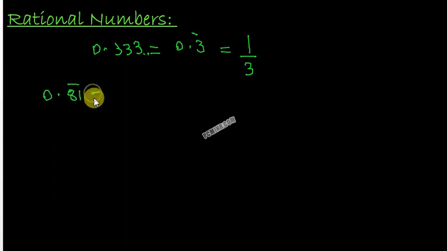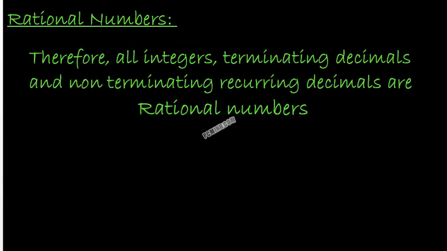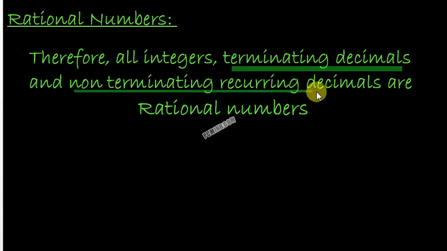I've again taken a non-terminating recurring decimal. This can also be expressed as 9 by 11. So we can say that recurring decimals are also rational numbers. Therefore, based on all our discussion till now, we can say that all integers, terminating decimals and non-terminating but recurring decimals are rational numbers.